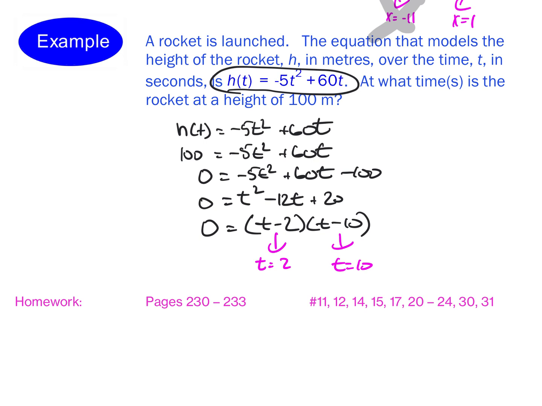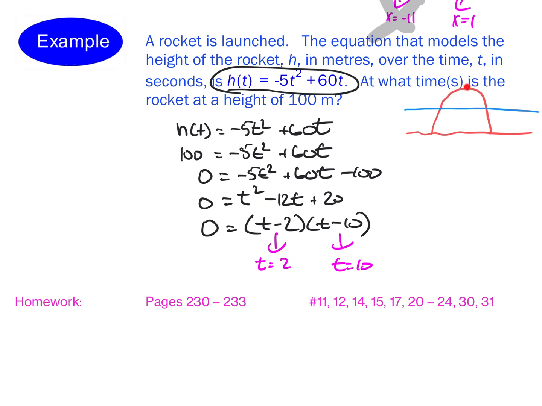And when we think about flight of a rocket, here's the ground. Rocket goes up, comes back down, hits the ground, and we have some kind of a height we want it to reach. When the rocket is going up, it'll hit that first 100 meters at time equals 2 seconds.